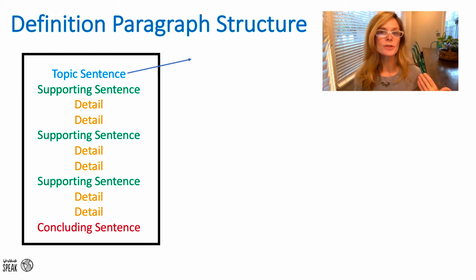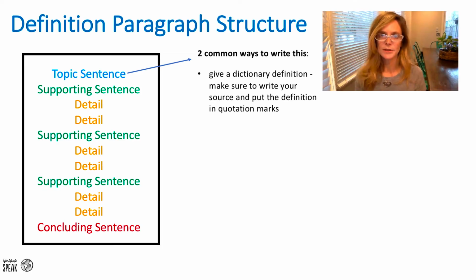Now, I'm going to go over each of these pieces and let you know what that looks like. Let's start with the topic sentence. Well, for a definition paragraph, there are two common ways to write this. So the first way is that you just give a definition from the dictionary. You make sure that when you write your topic sentence and you're giving a definition from a dictionary, there are two things.